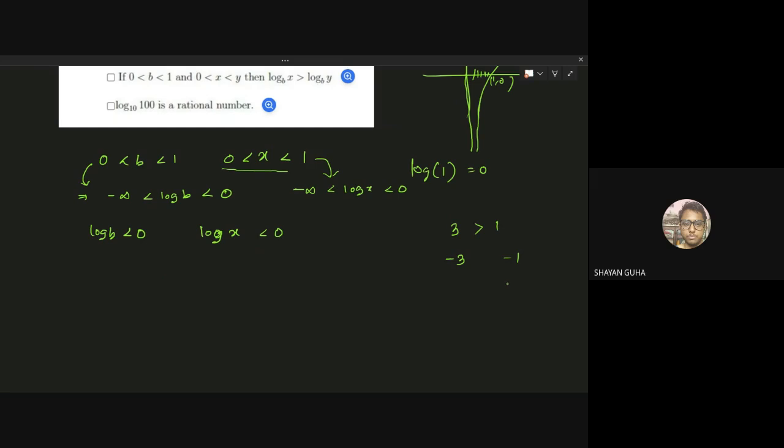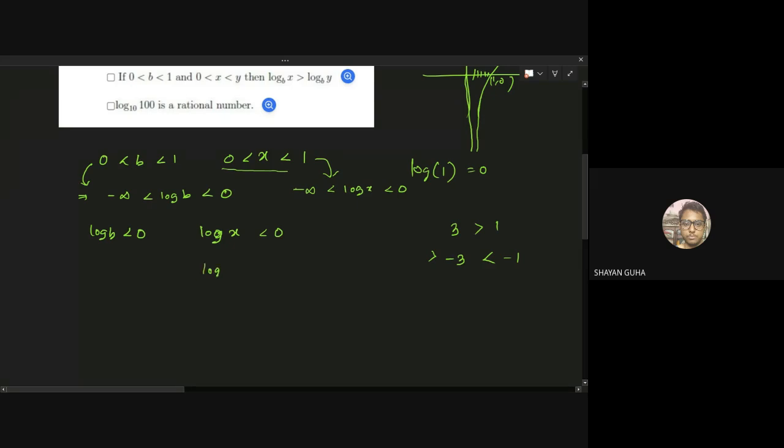Which one is greater, minus 3 or minus 1? Obviously minus 1. So from here I can see that when we multiply by a negative quantity, the sign of inequality changes. Initially it was greater, after multiplying by minus 1, it becomes smaller. So log x is less than 0.